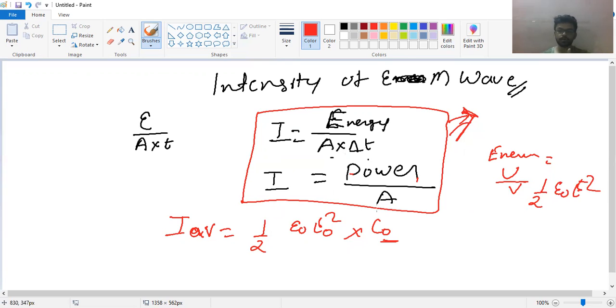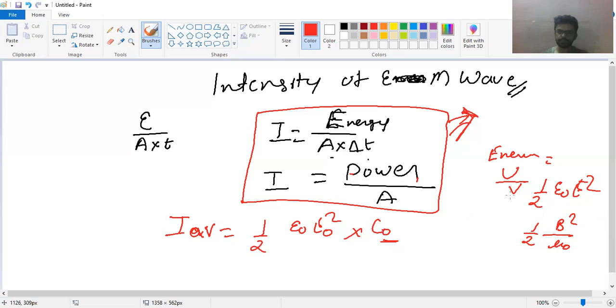I'm not talking about average energy density now. From energy density we have calculated the average. Energy density is given by 1 by 2 epsilon naught E square, and for the magnetic field it is given as 1 by 2 B square by mu naught. On average it comes out to be 1 by 4, as everything remains the same, right?